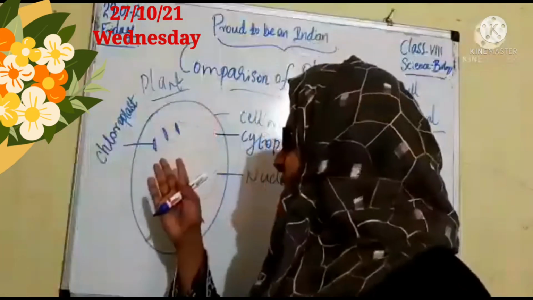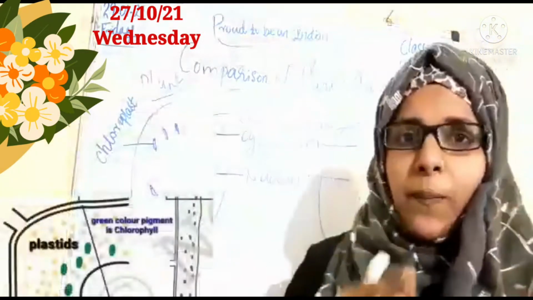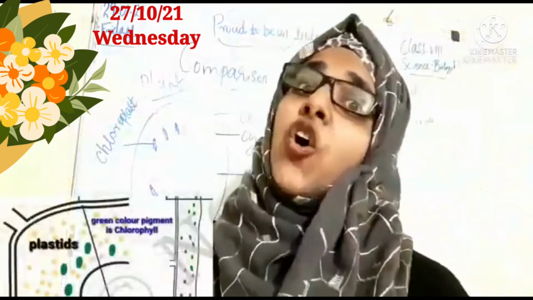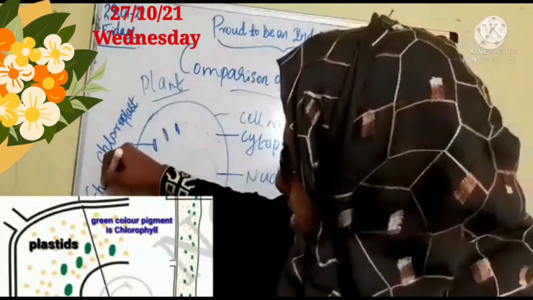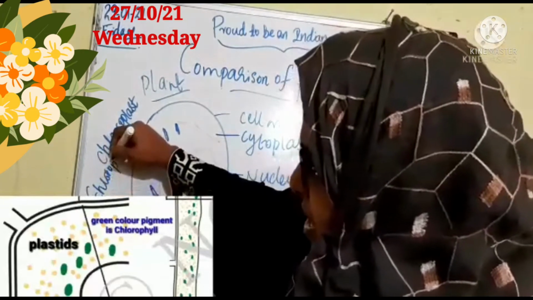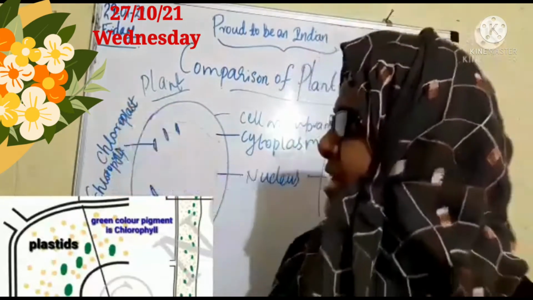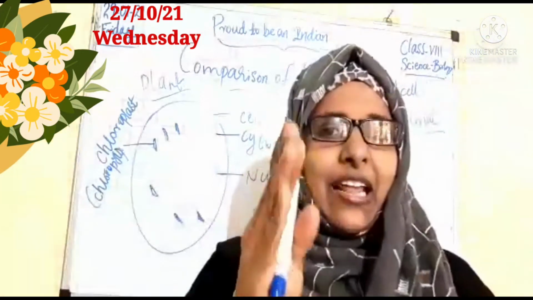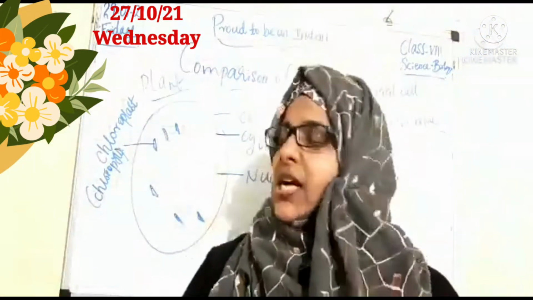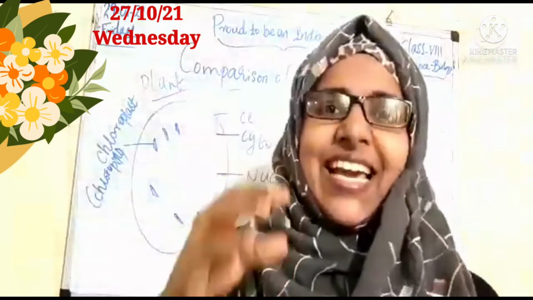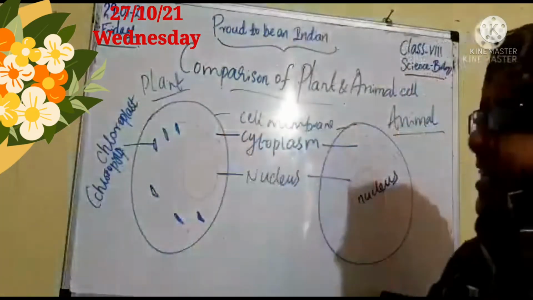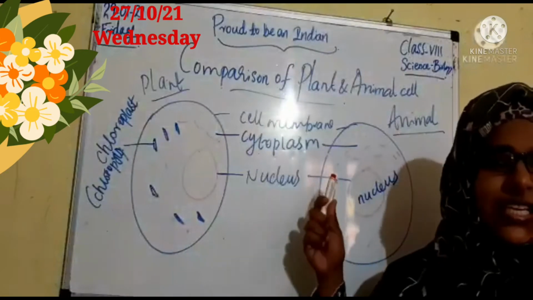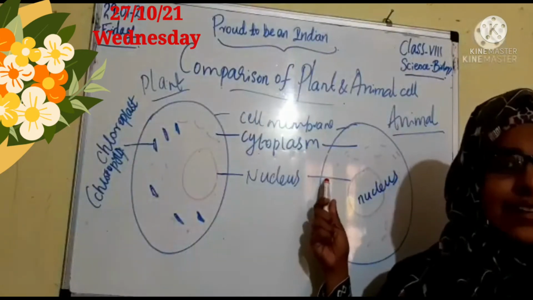Okay, inside these plastids there is one pigment. That pigment we call chlorophyll. We can see it inside the chloroplast. Okay, this chlorophyll gives green color to the plant. So this chlorophyll we can see in chloroplast. Understand? But it is not present in animal cell. We cannot see plastids in animal cell.